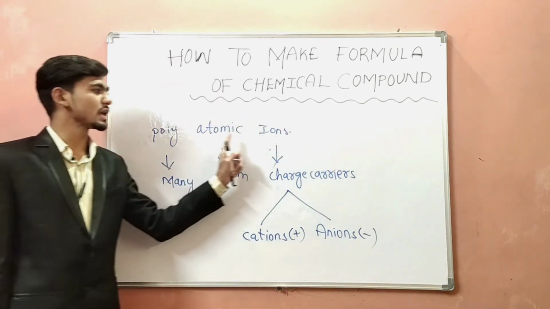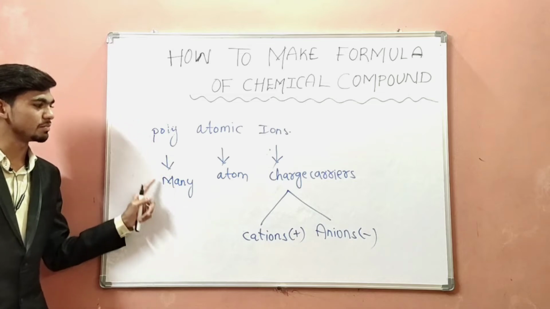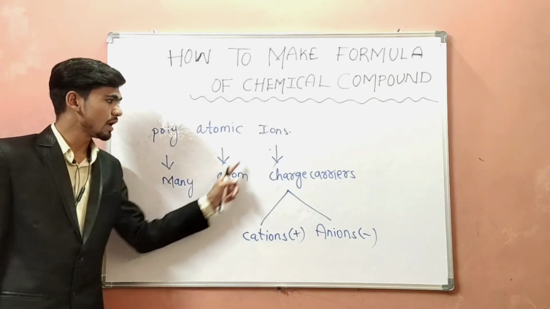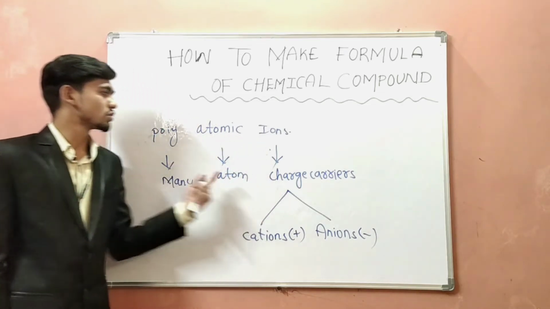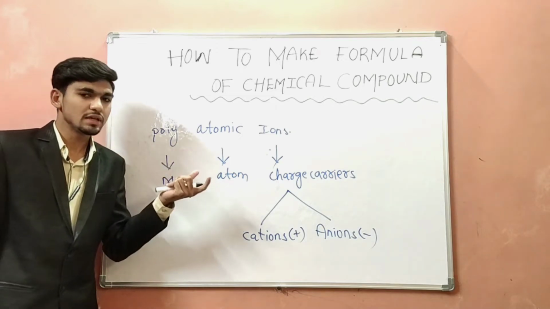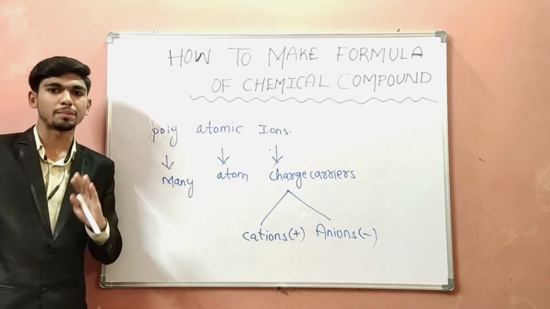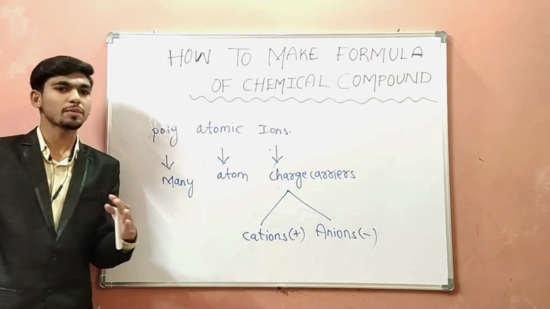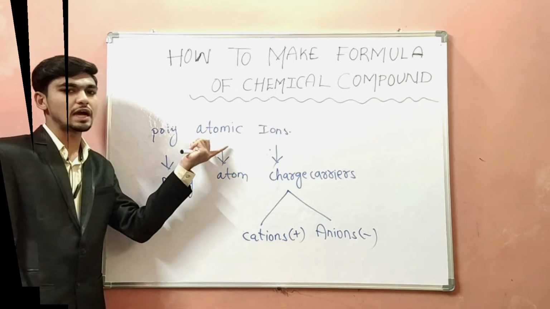So polyatomic ions: poly means many, atomic means atom, and ions are charge carriers. A group of atoms carrying charge, either positive or negative, is known as a polyatomic ion.